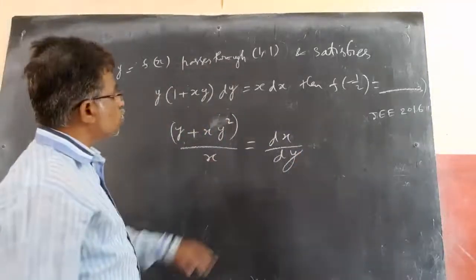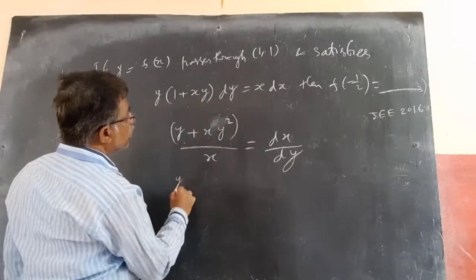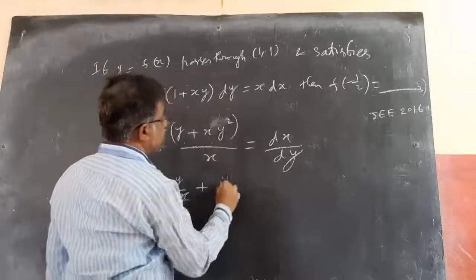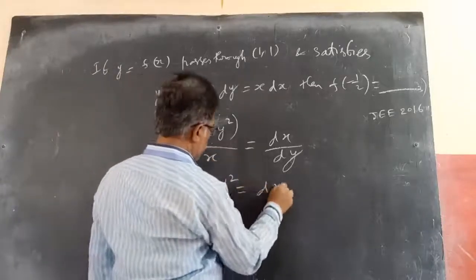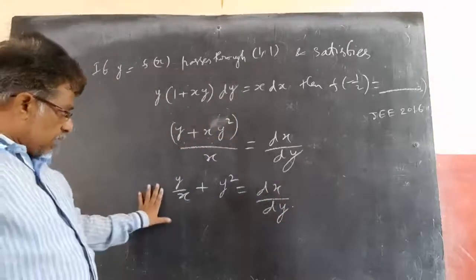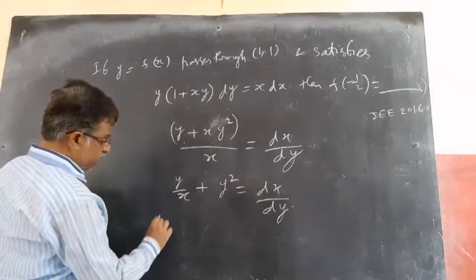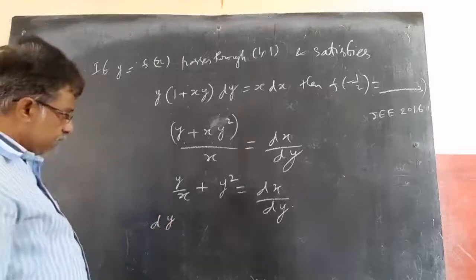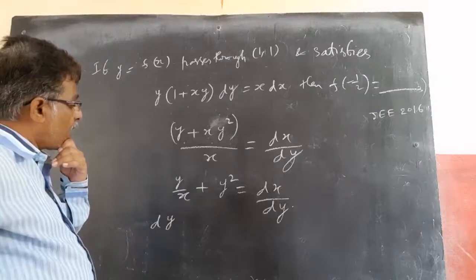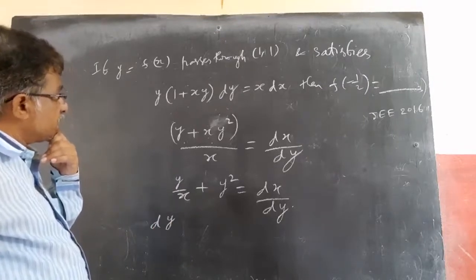If I split into two parts, it becomes y by x plus y over y by x plus x, x gets cancelled, y square equal to dx by dy. Can it be converted into a linear equation or not? We'll check. It won't be. There will be some mistake in this.